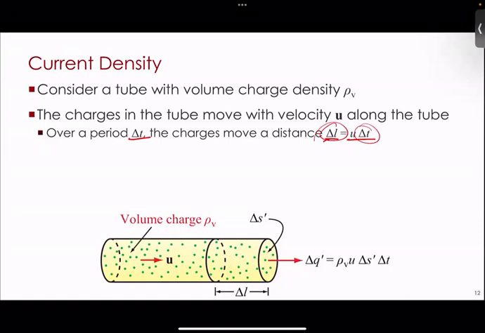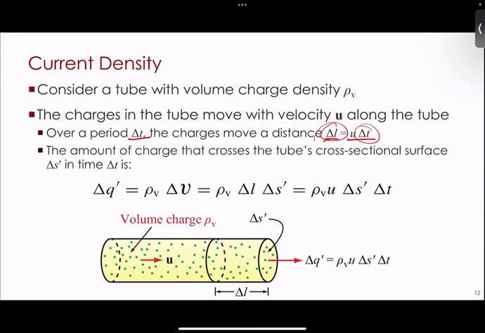So that gives us our delta L. Now if you consider a cross-sectional surface like the one shown in the middle, ask yourself how much charge passes through that imaginary cross-sectional surface in a certain amount of time, delta t.